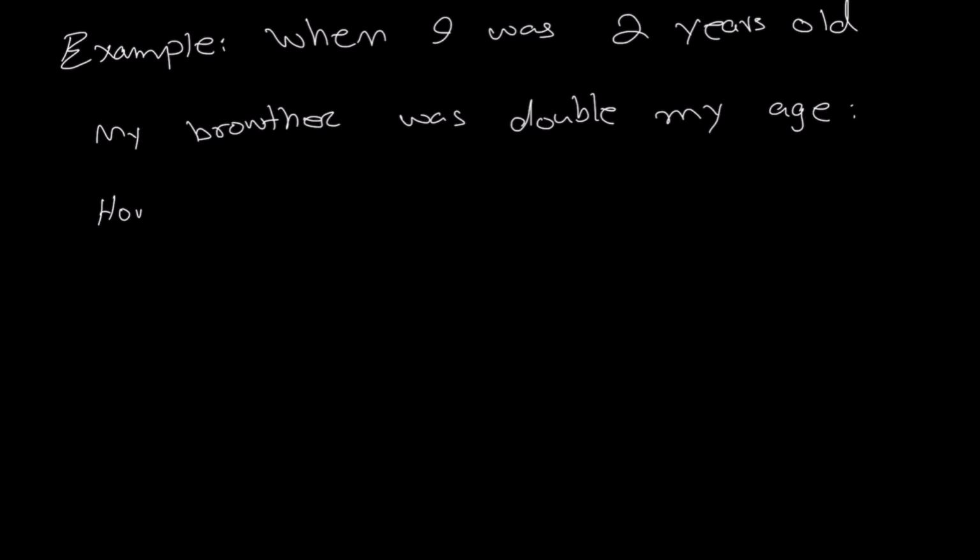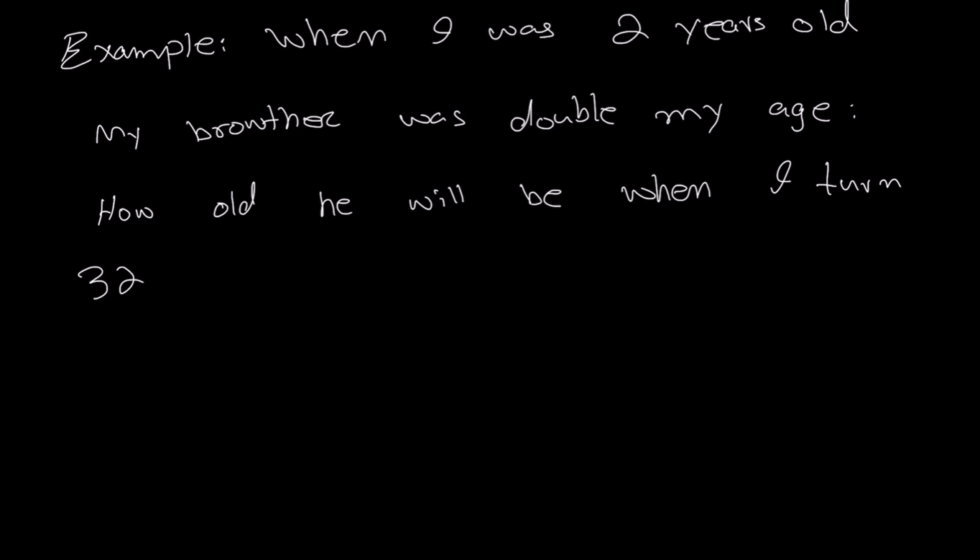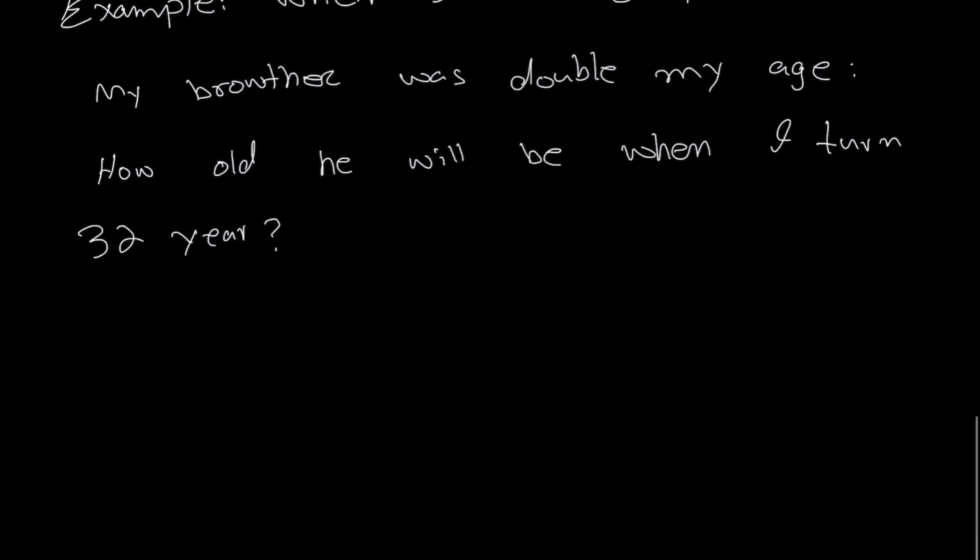How old will he be when I turn 32 years old? So this example is asking us, when I was only 2 years old, my brother was double my age, and so how old will my brother be when I turn 32?